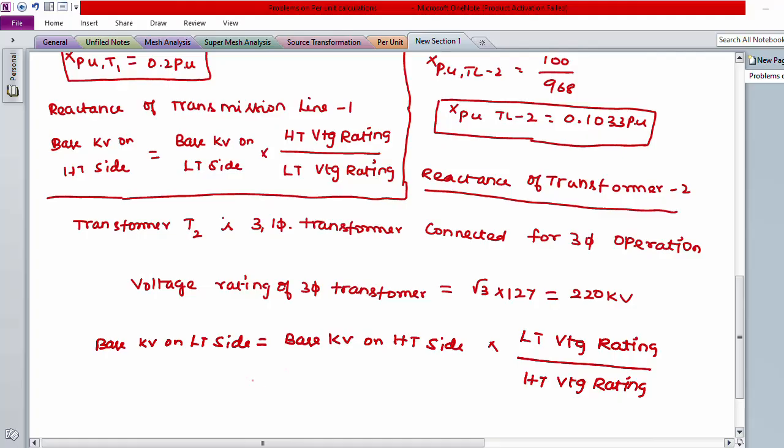So the base kV on HT side is 220, and the LT voltage rating is 18, and the HT voltage rating of the transformer is 220.